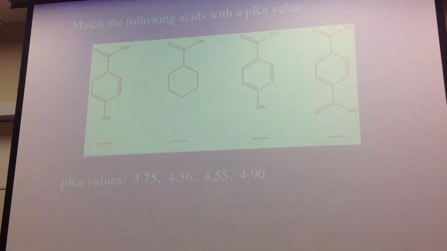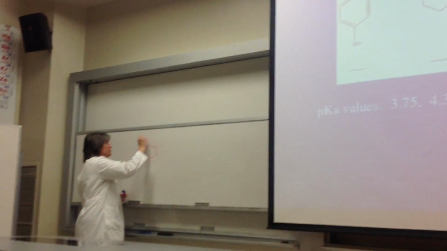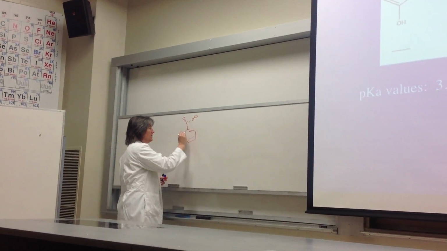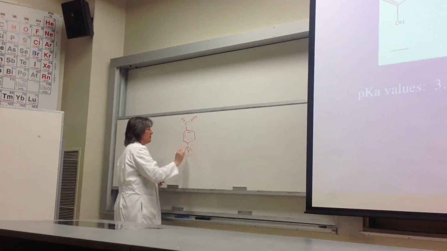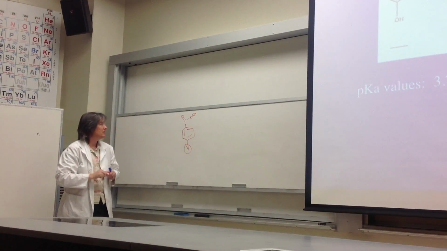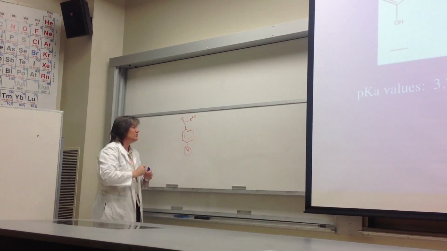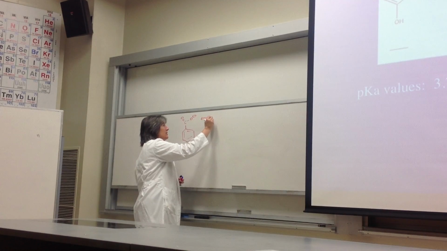What you're looking at there is, again, the effect of groups. Well, look at the stability of this guy. The effect of group Y on getting this negative charge delocalized.